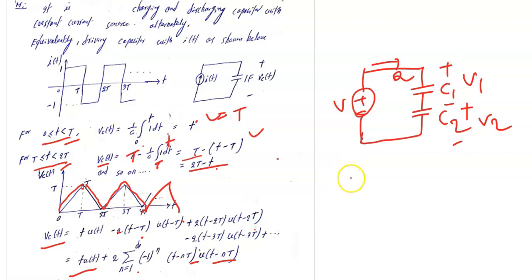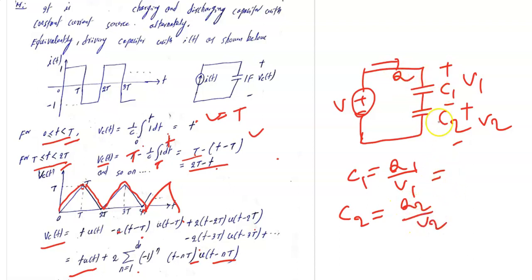I am going by the basics. We know that C equals Q by V. So C1 equals Q1 by V1, C2 equals Q2 by V2, but in a series connection of capacitors Q1 and Q2 are the same, so Q upon V1 and Q upon V2.